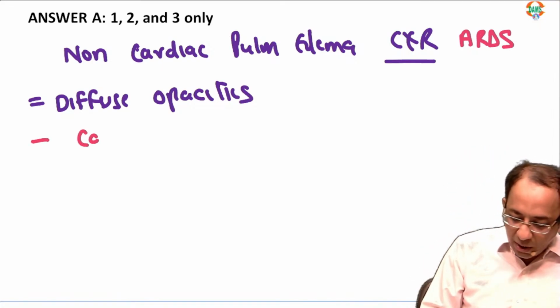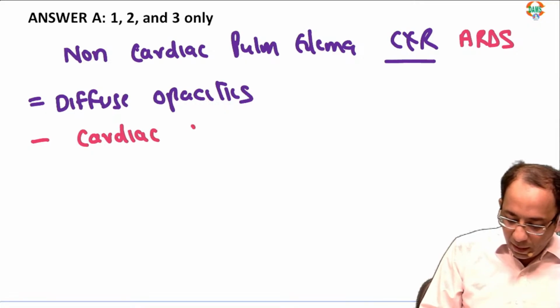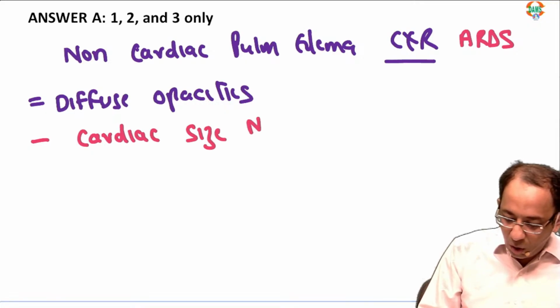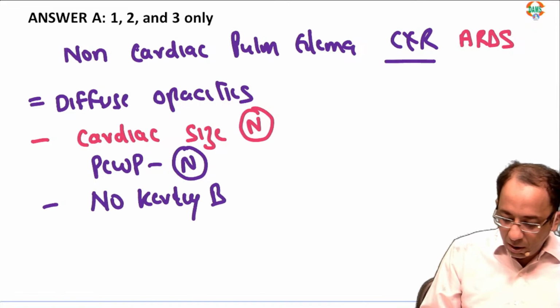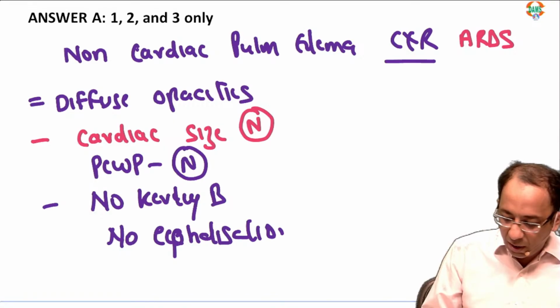What about cardiac size? Cardiac size in non-cardiac edema will be normal. PCWP, normal. Usually, curly B lines and cephalization are not considered a feature of ARDS.